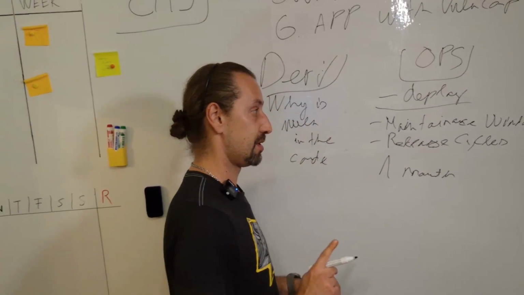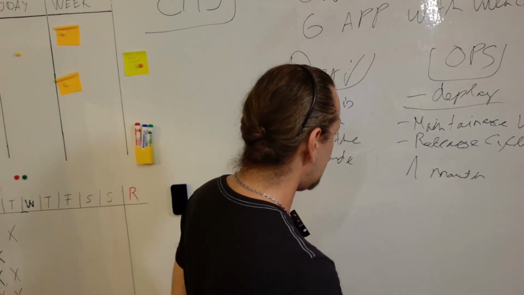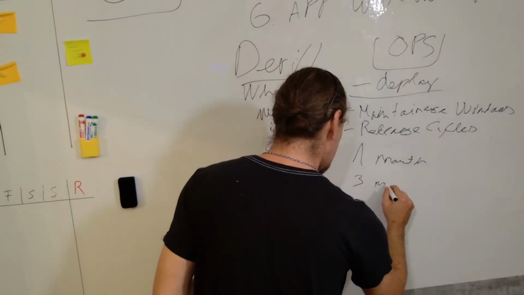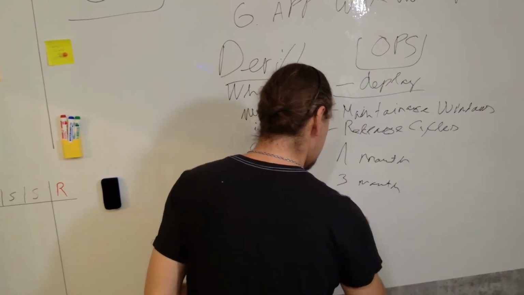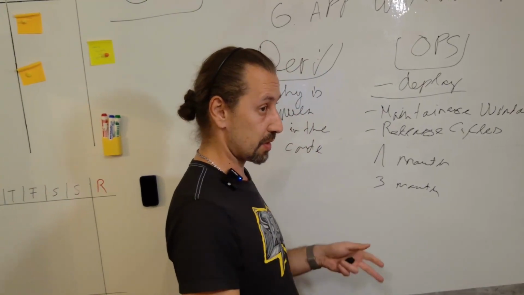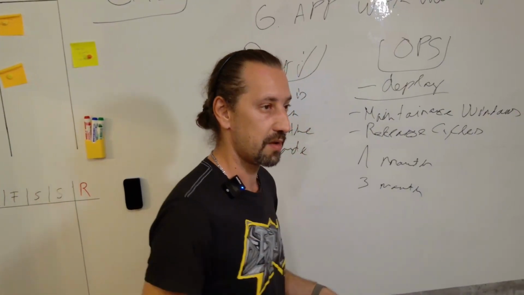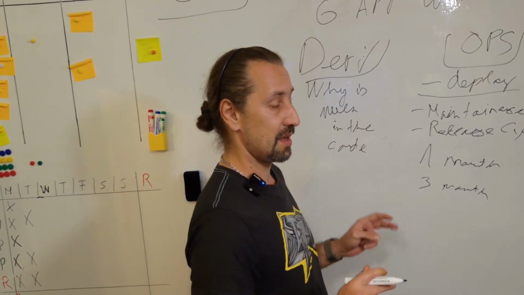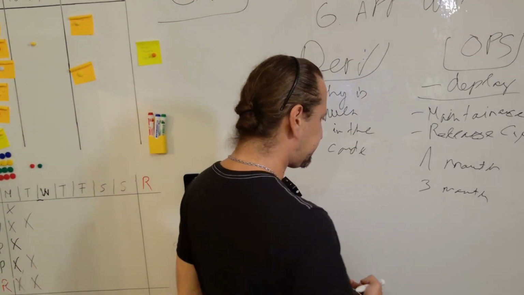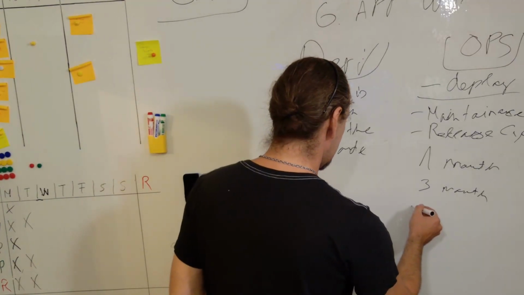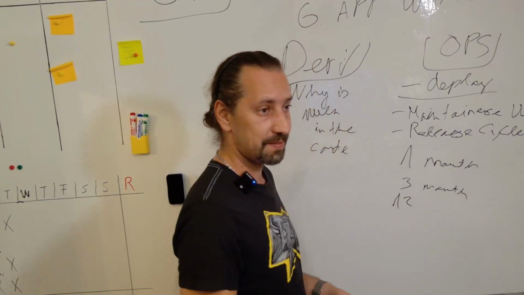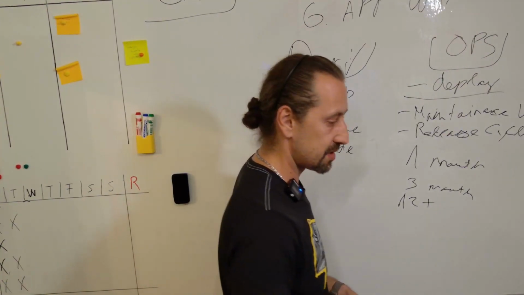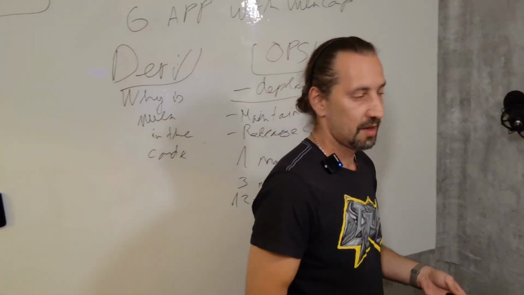It's too long. But there are some companies that use 3 months. Even worse, a quarterly release cycle. But in some crucial systems, we can see 12 months and even more than 12 months release cycles.